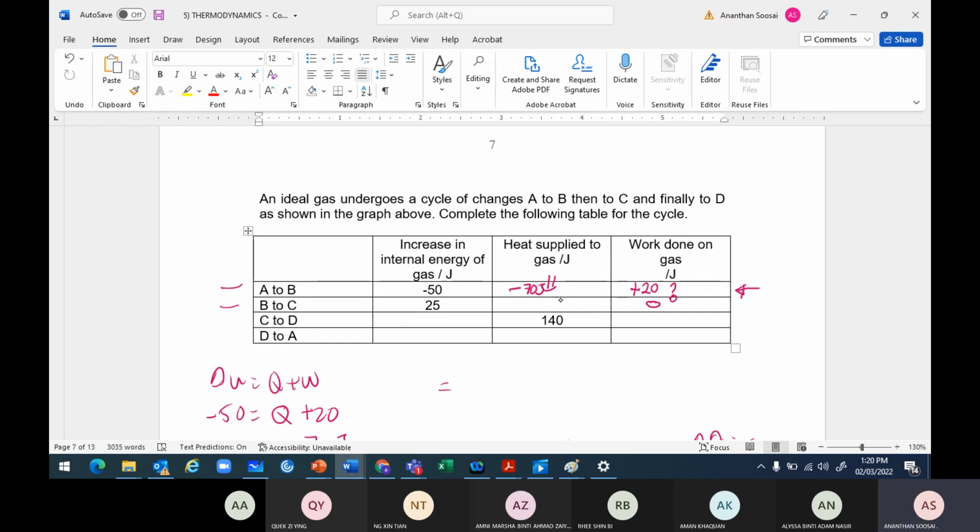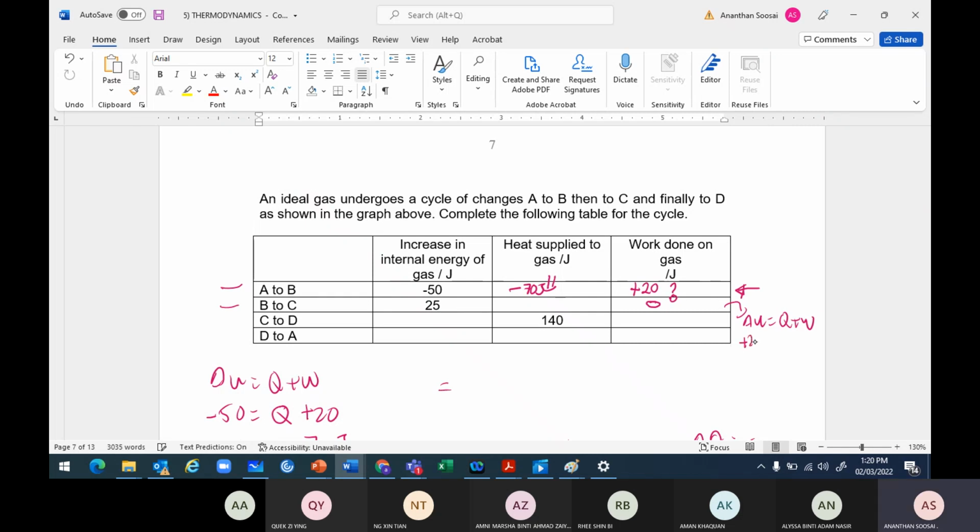So can you find the heat supplied, B to C? Use the first law. Change of U equals Q plus W. For any part of the graph, the law is applied. So for B to C, change of U is how much?